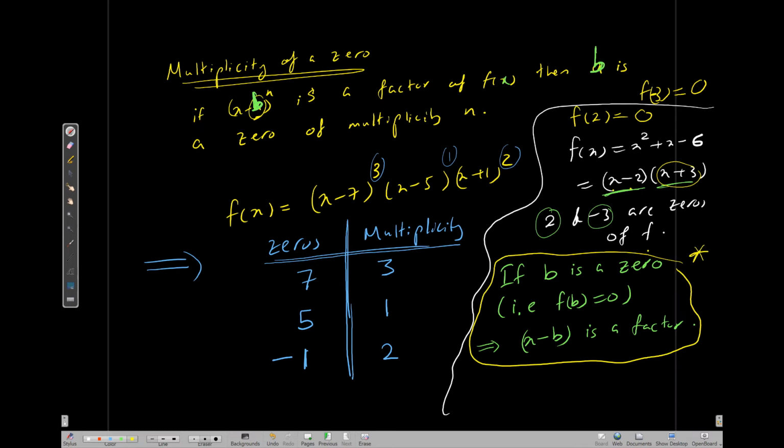Now we have some theory part. With this multiplicity, something really nice will happen. So, the multiplicity of a 0 and its relation to the graph.